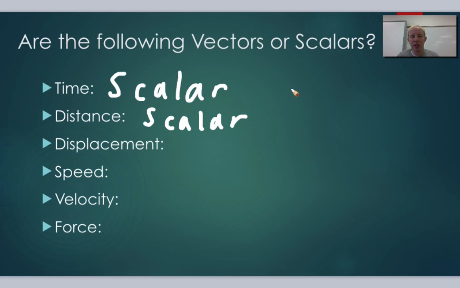Whereas displacement is a vector because we just have to worry about the final and ending locations. And so we can specify where our starting location is and where our ending location is and use a vector to describe the direction of that ending location.